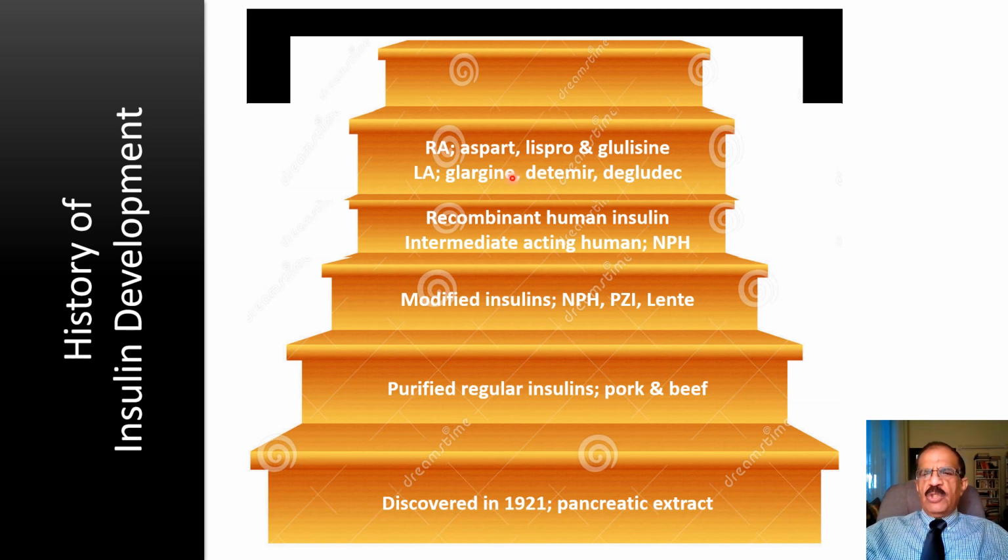So very slowly they detach and then are absorbed. So giving one injection per day gives you 24-hour coverage. So there has been a lot of improvement in the human insulin to make them ultra fast acting and ultra long acting.